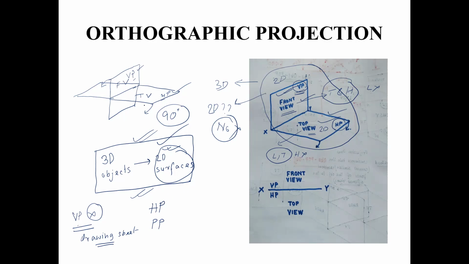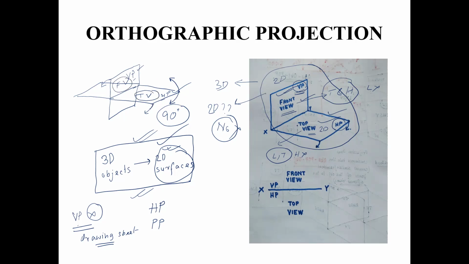If you rotate the horizontal plane, there are two possible directions in which it can rotate. You can rotate the horizontal plane in the upward direction. You can rotate it in the downward direction also. If you rotate the horizontal plane in the upward direction, after the rotation is complete, the top view and front view will overlap with each other.